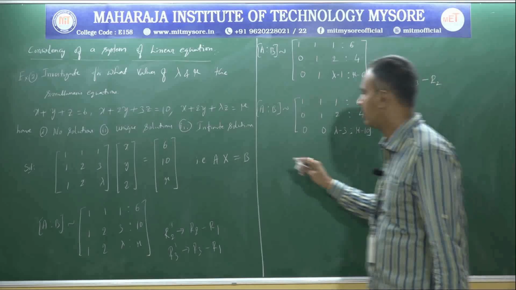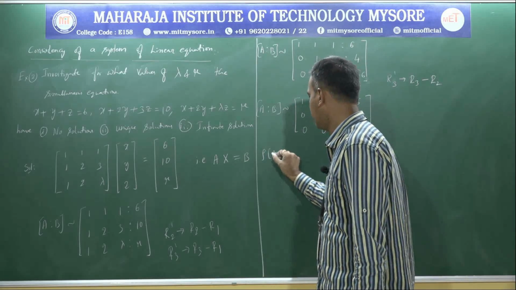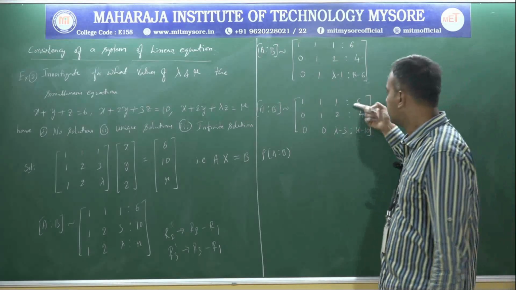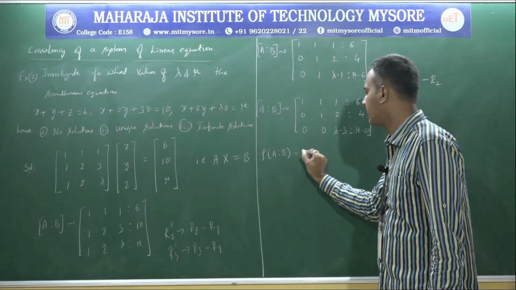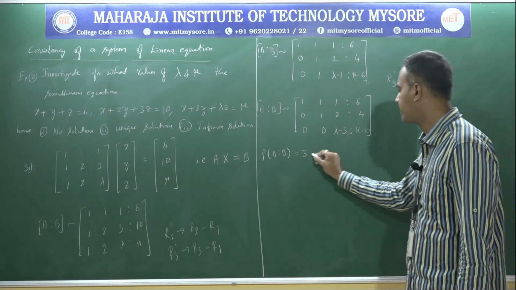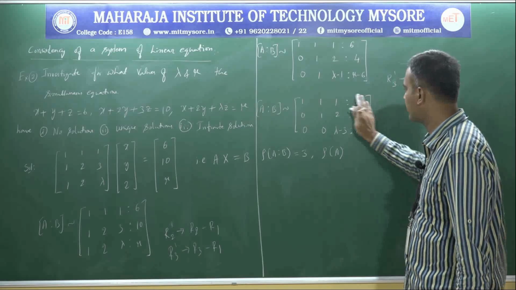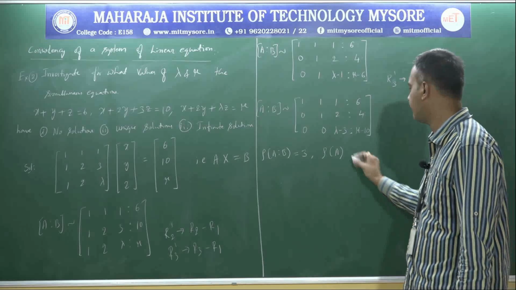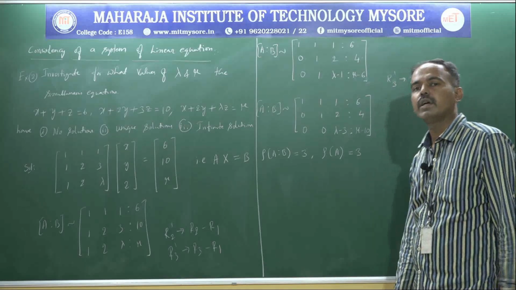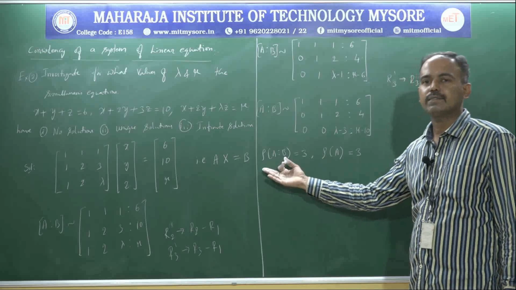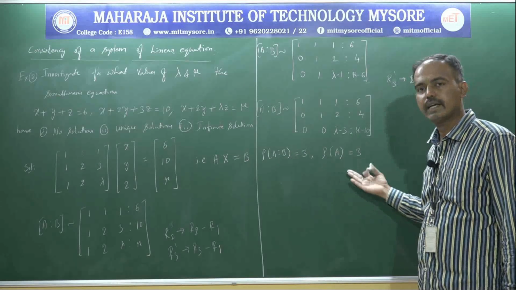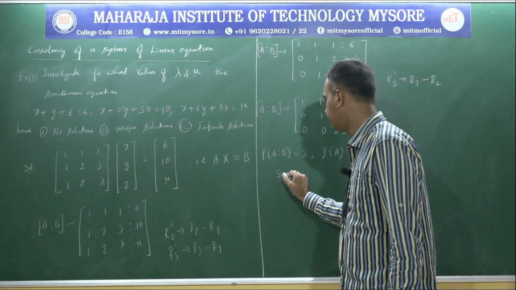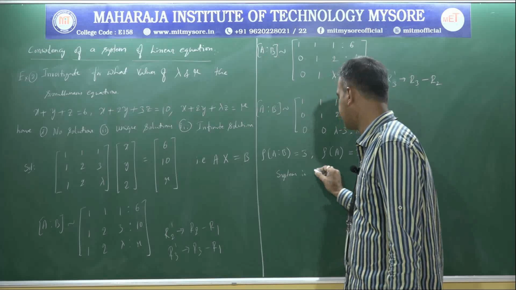Now we conclude: the rank of the augmented matrix is 3, since 3 non-zero rows are available. The rank of the coefficient matrix, concentrating only on the coefficient matrix, is also 3. Since the rank of the augmented matrix equals the rank of the matrix A, the system is consistent.